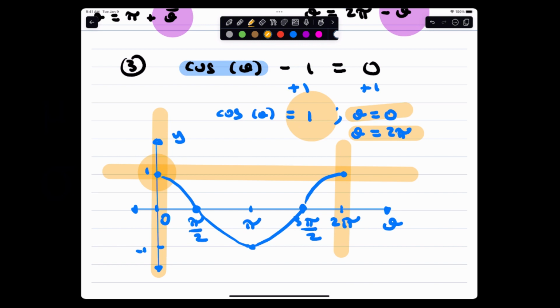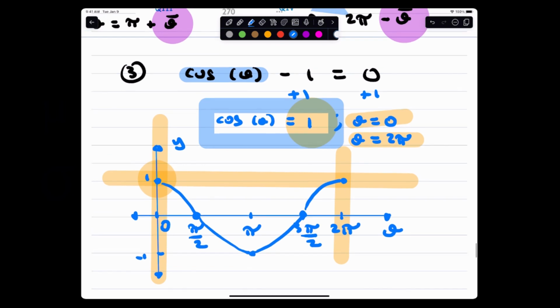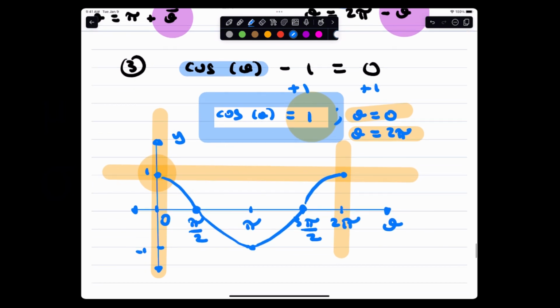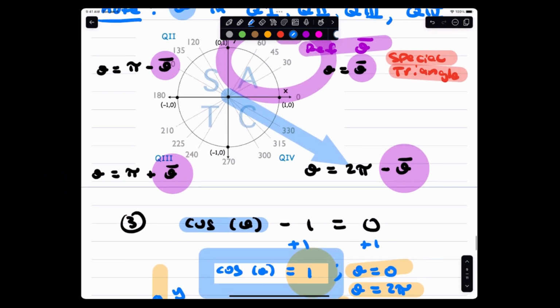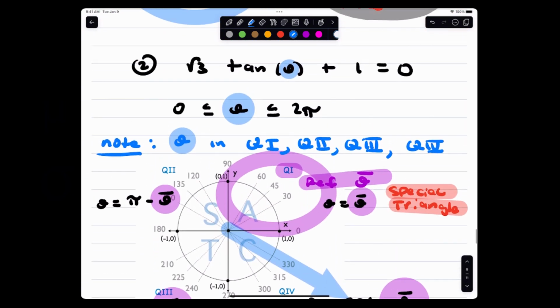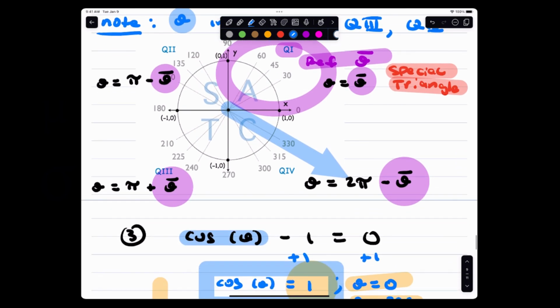It all comes from the fact that cosine is a maximum for those values of theta. It comes from the graph, ladies and gentlemen. So I don't have to do any special triangles. I am done, because my solution has to be between 0 and 2 pi.